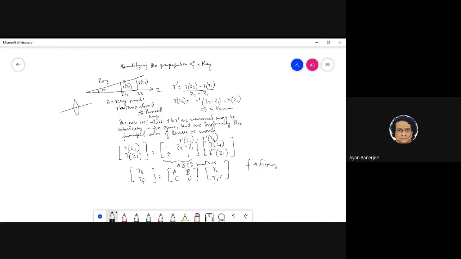So F means final, I is initial. This is very, very important. This ABCD matrix or ray matrix is a universal treatment for any kind of ray propagation. Any kind of ray propagation.